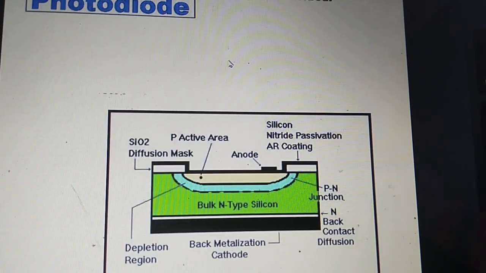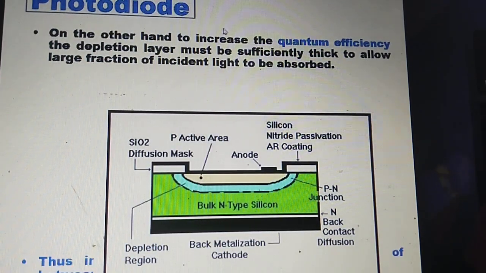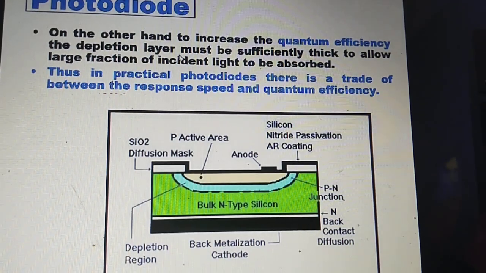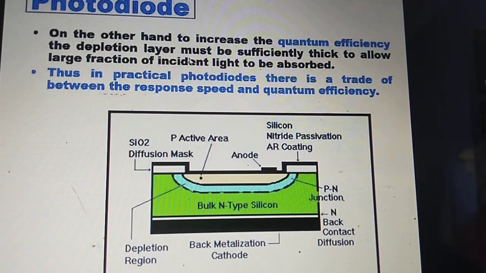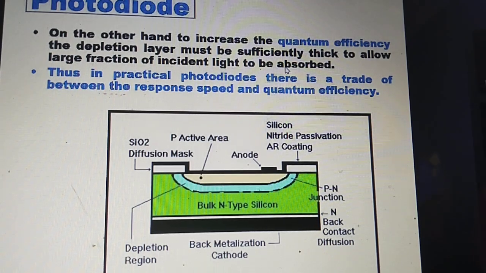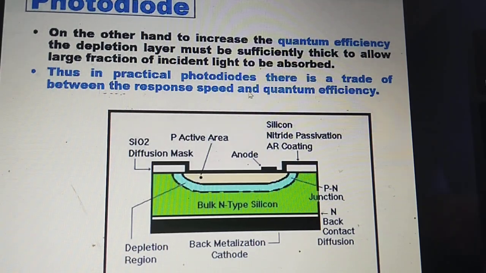On the other hand, if the depletion width is increased, or if the diffusion region is sufficiently thick, quantum efficiency will be more. So, to increase the quantum efficiency, the depletion layer width must be sufficiently thick to allow a large fraction of incident light to be absorbed. Therefore, in a practical photodiode, there is a trade-off between response speed and quantum efficiency.